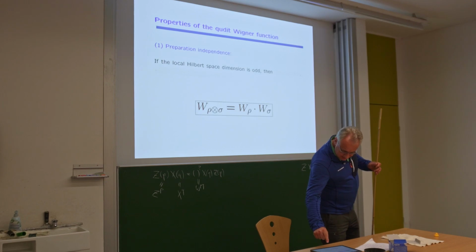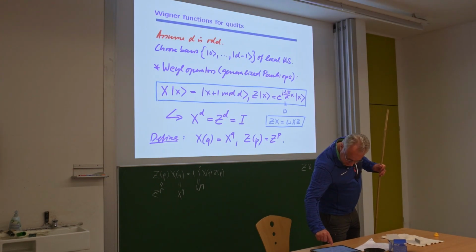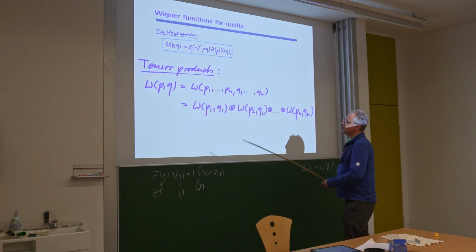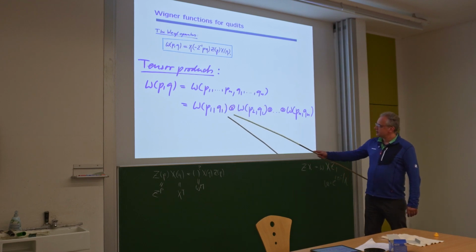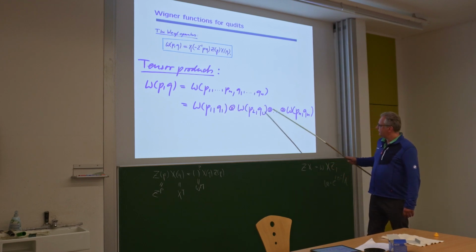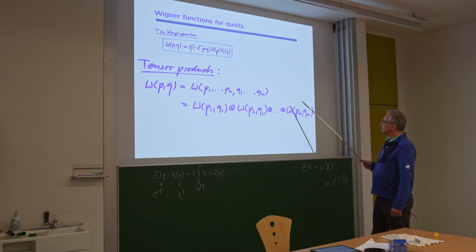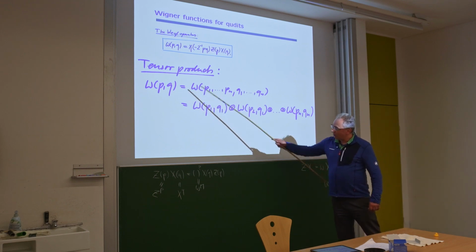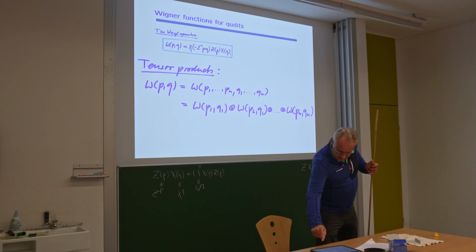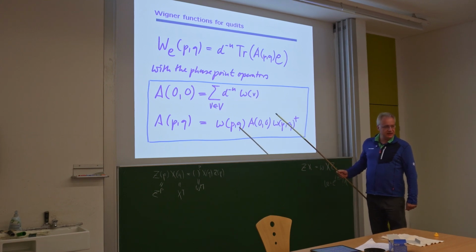That matters, and we will see later why it matters, but just where does it come from? It comes from here. Yeah? So the phase point operators for multiple particles are just phase point operators for individual particles tensored with one another. So since this holds without any phases for the Weyl operators, and the phase point operators are just sums of these Weyl operators, the phase point operators have the same structure.